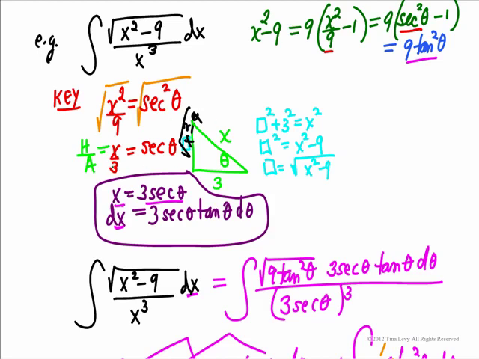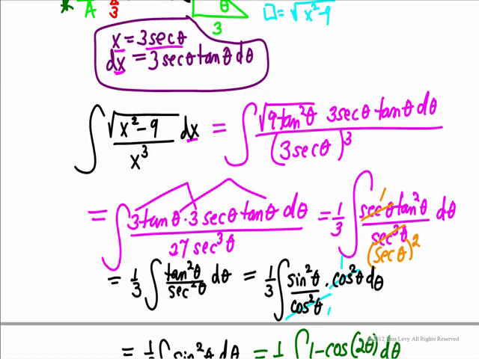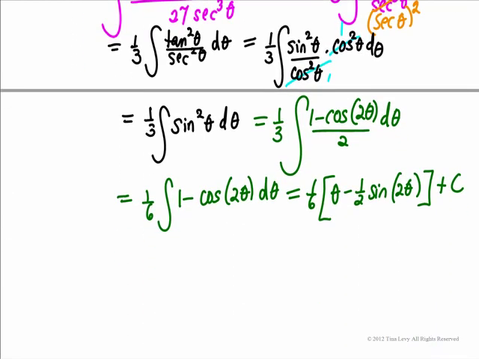This second step right here, this is the part we use to get our answer. So we're going to put x over 3 is secant theta. Moving down here, we're going to put the key and see if we can get that answer. So we have that x over 3 is secant theta.